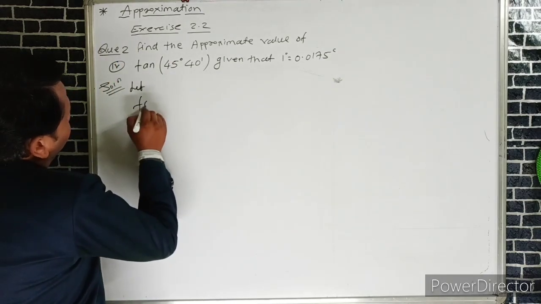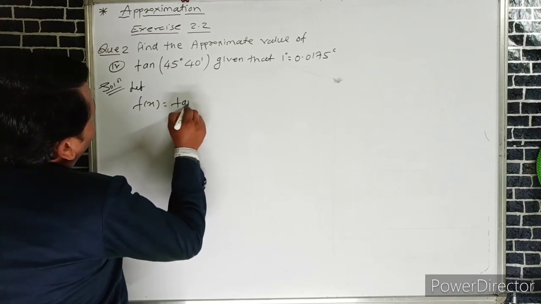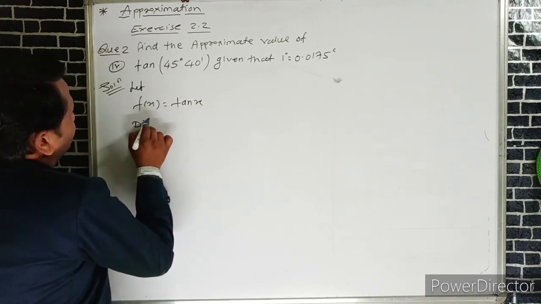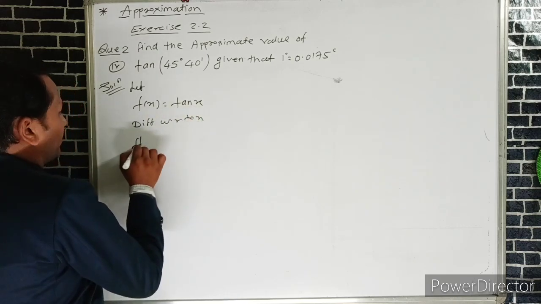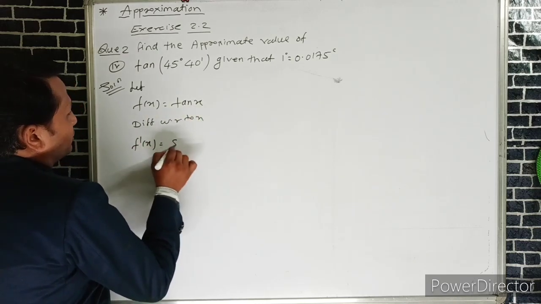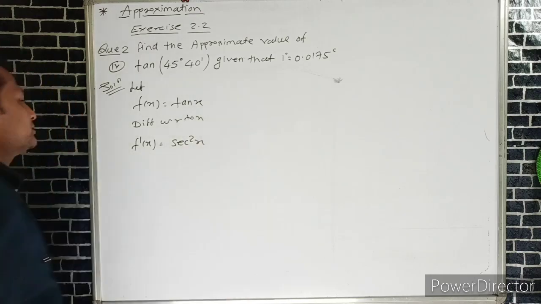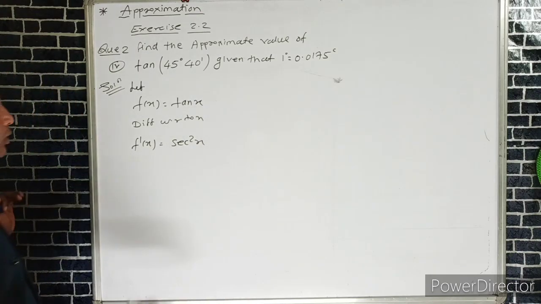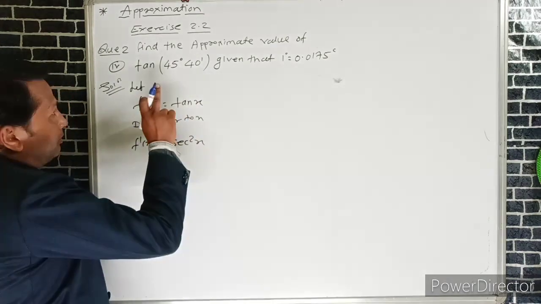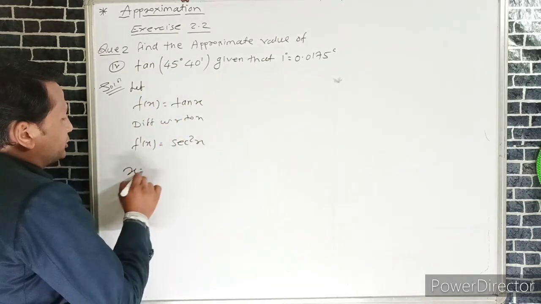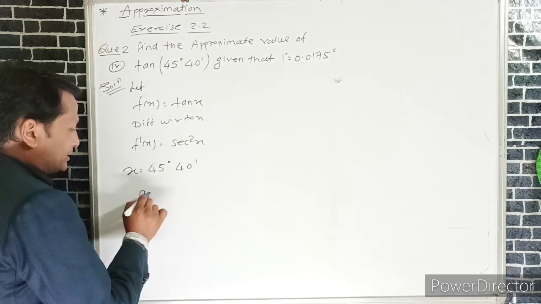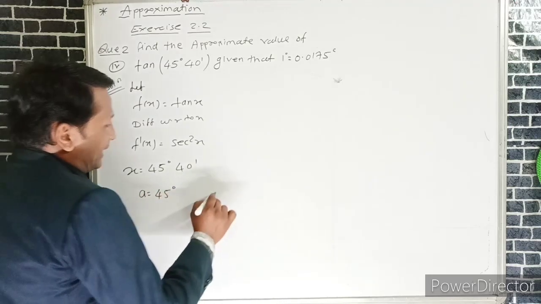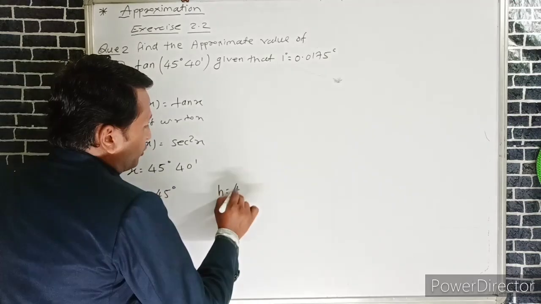Let f of x equal tan x. If we differentiate with respect to x, the derivative f dash of x is equal to sec square x. We know that the value of x is 45 degree 40 minutes, where a is equal to 45 degree and h is equal to 40 minutes.